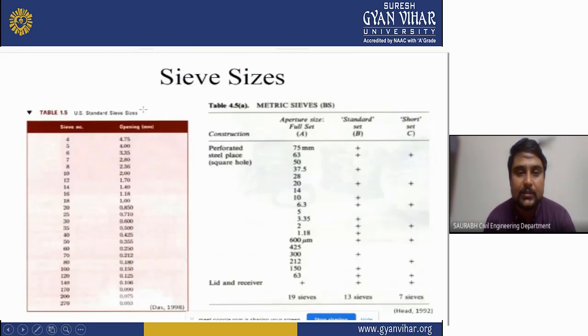As you can see, this is the chart of sieve analysis from where you can find the number of the sieve and the size of this sieve. For example, the number 4 sieve is 4.75 mm, and the number 5 sieve has a size of 4 mm. These are the numbers of the sieves.